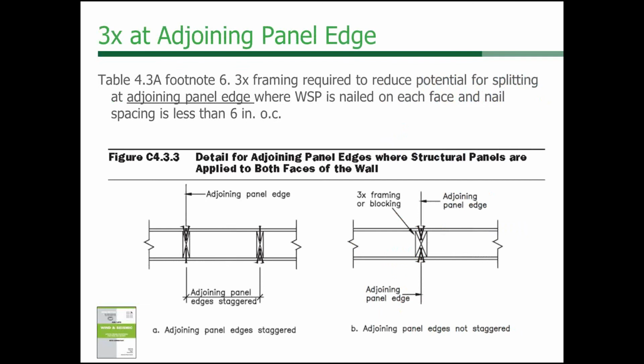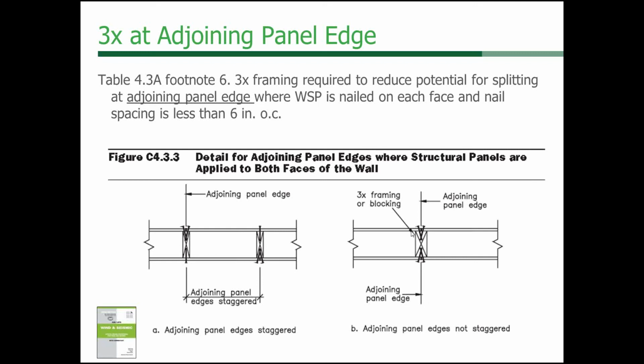Okay, I mentioned in the beginning of my portion related to detailing requirements where you have wood structural panels on both sides of these shear walls. If you have wood structural panels on both sides of these shear walls and you have the joint of those panels, in other words, here's a panel, and there's a joint here, and here's a panel, and here's a joint here, and they land on the same framing members, if your nailing is less than 6 inches on center, then it's required to have a 3-by member there because it could have potential for splitting.